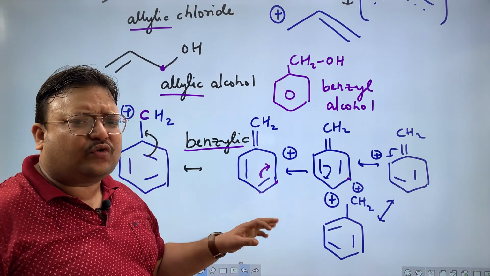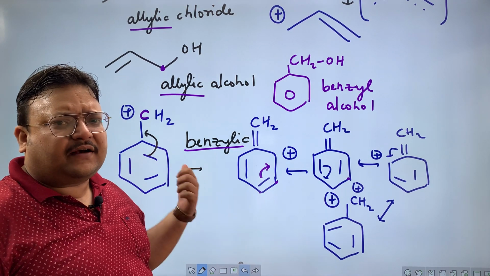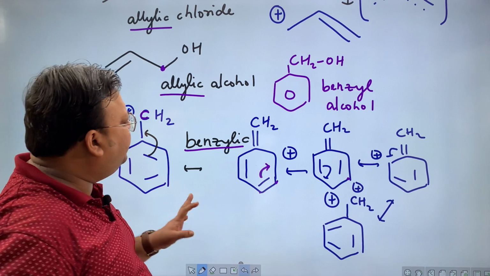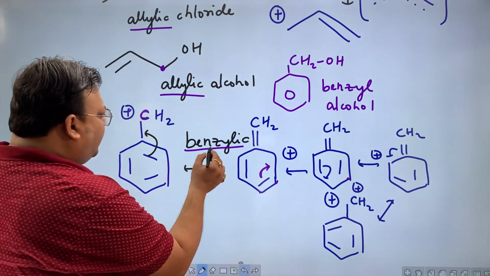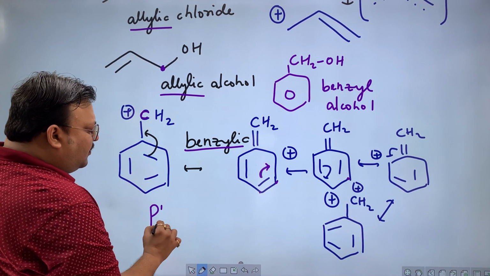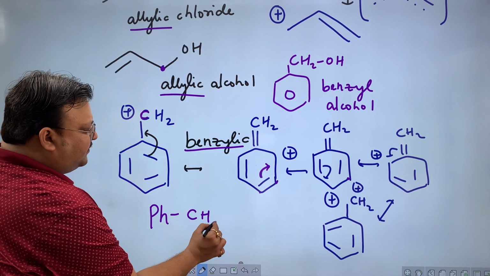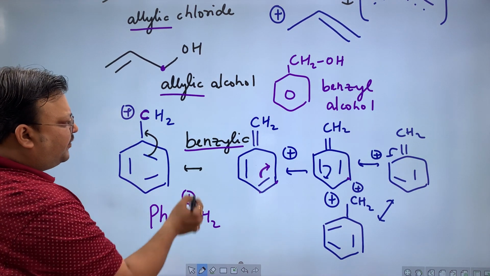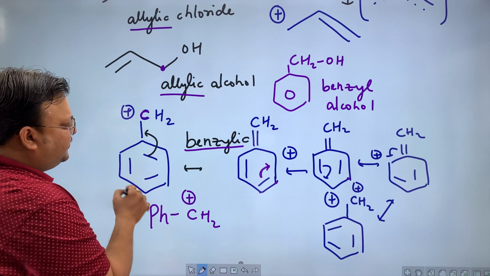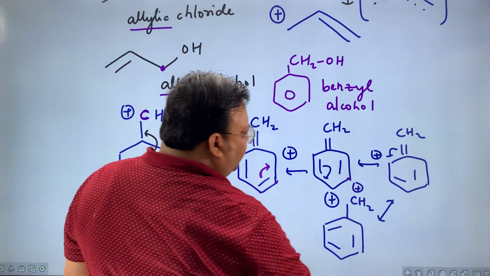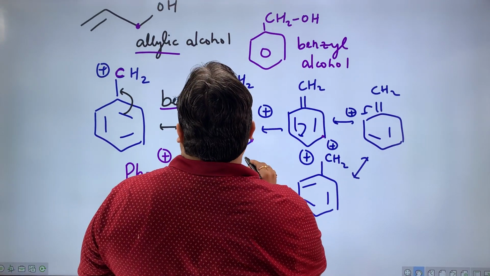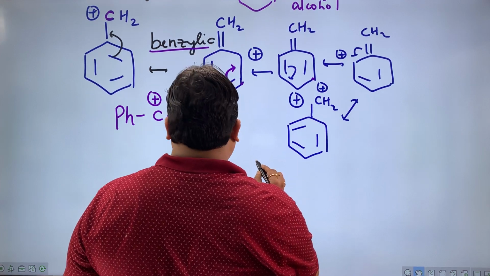हर बार draw करने की जरूरत नहीं है. You need to understand that this with so many structures is going to be more stable. One way of representing benzylic carbocation could be PhCH2 plus. This is also another way of representing benzylic. Ph stands for this benzene ring. And we have seen two types of carbocations, allylic and benzylic, which are more stable.